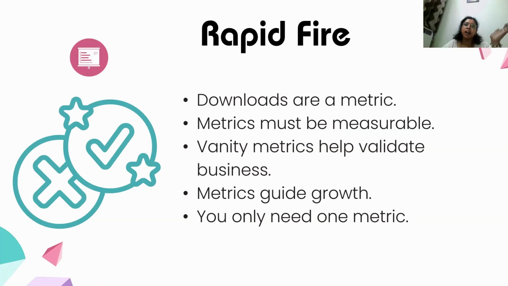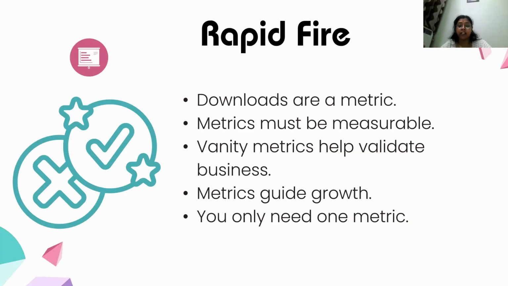Vanity metrics are something that gives you a lot of false data. Like you buy a product, it looks really amazing on the platform, and you also see a lot of reviews saying it is very good.